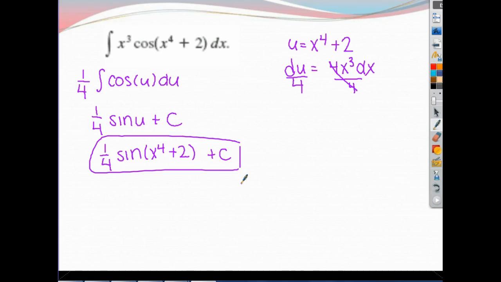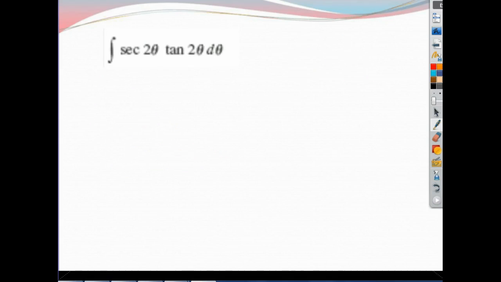Okay, let's look at the secant. What don't we like? Yeah, we don't like that it's 2 theta. So u is 2 theta. du becomes 2 d theta.